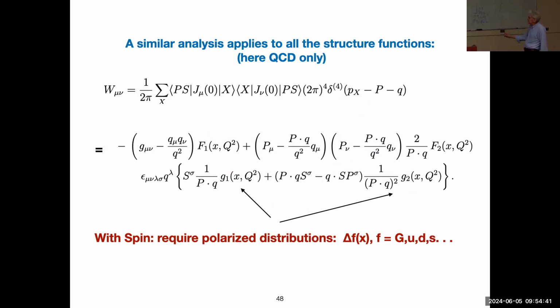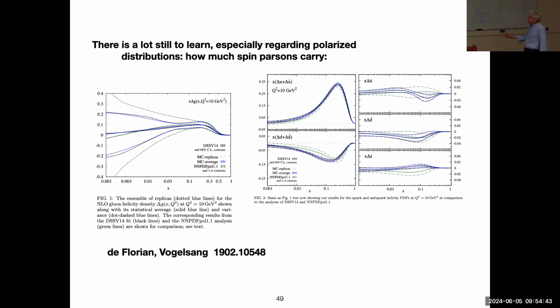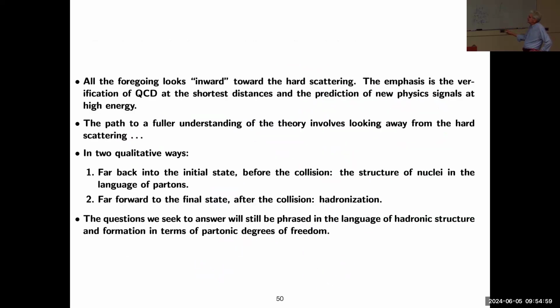It's very simple. All righty. So, how much spin do partons carry? Partons carry some. And here are the spin dependent distributions that were known a few years ago. There are some improvements in some.